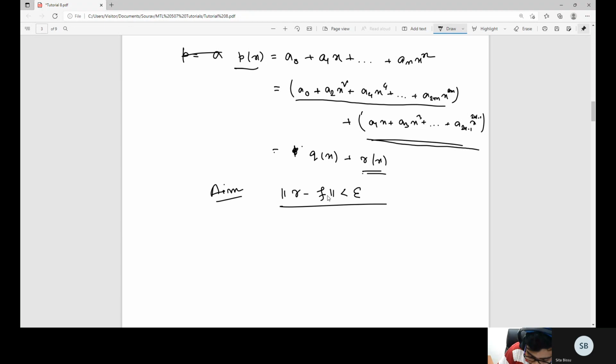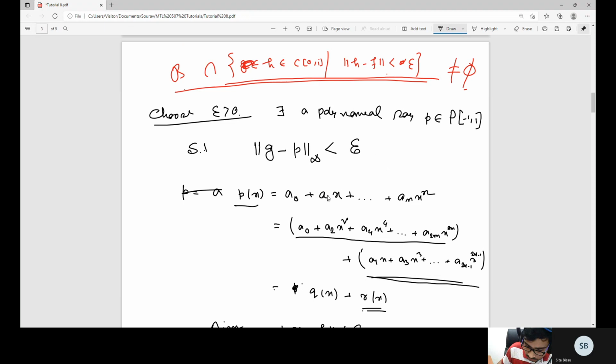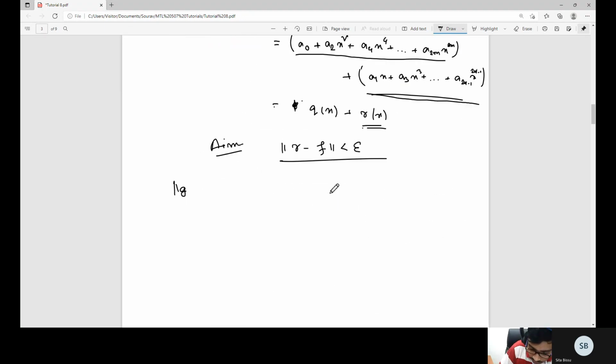So now you can see g(x). What we have from here is that g minus P infinity norm is less than epsilon.